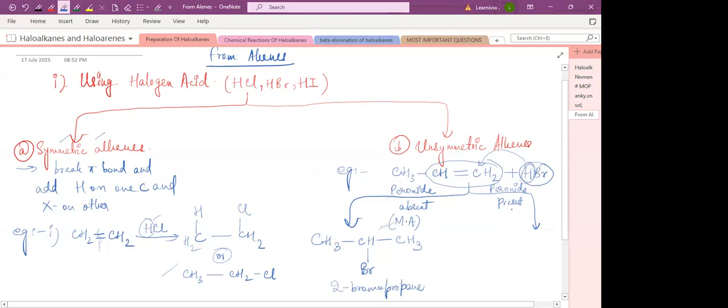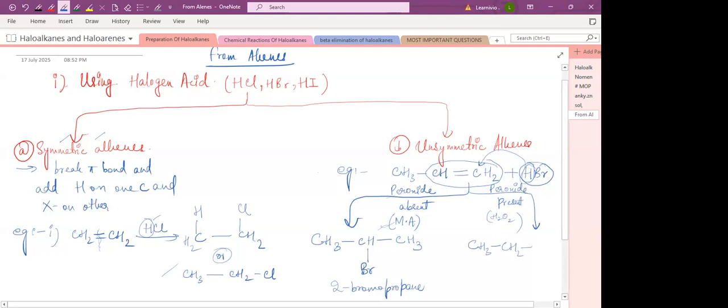Now if the peroxide H2O2 is present, here you are supposed to follow the anti-Markovnikov addition. The anti-Markovnikov addition rule means this hydrogen will attach itself to the less substituted carbon, right? So you will get CH3, and here the hydrogen will attach, so it will give you CH2. And here the bromine will be attached.